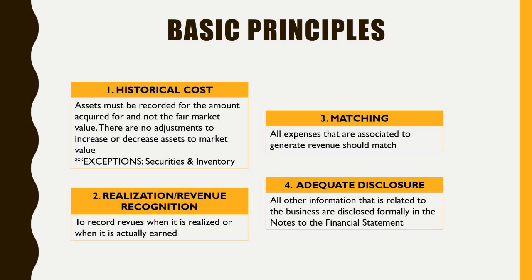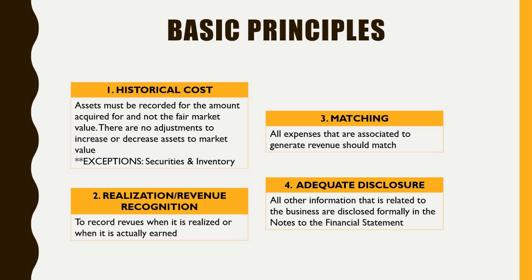However, what does it mean when you have to record something at historical cost? In this case, you cannot miraculously add value to an item. Okay, so example, you purchase a home, and 20 years later the value of the house goes up. In accounting, no, no, no. You cannot put that in your books.